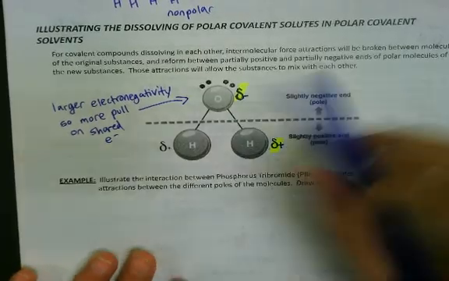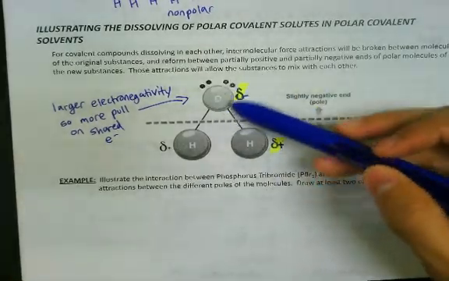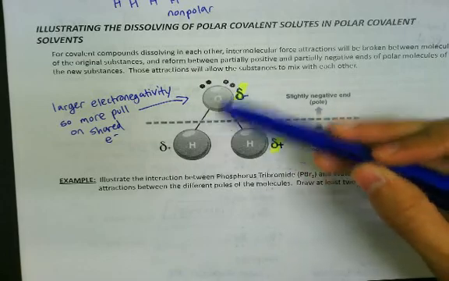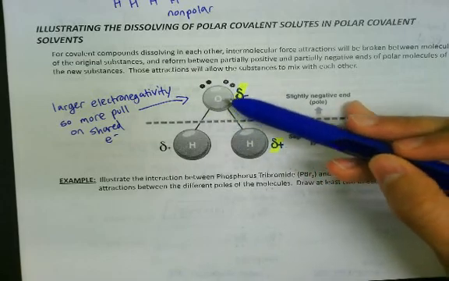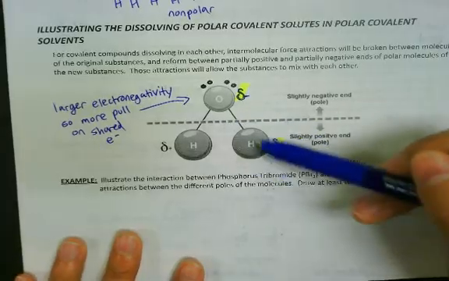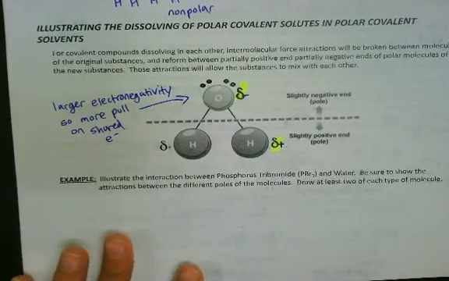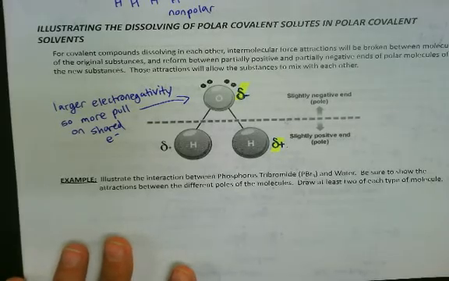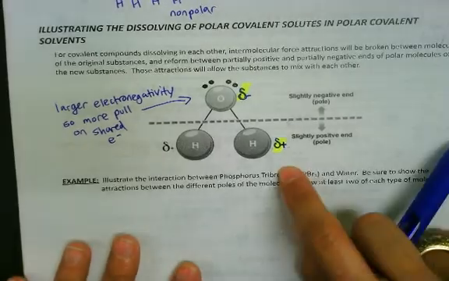So we end up with some poles. We have a partial negative pole up here because the electrons are hanging out more frequently around oxygen because of its pull. And there's a partial positive down here because hydrogen doesn't have as strong of a pull on those electrons because it's less electronegative, okay? So this guy's less electronegative, this guy's more electronegative.